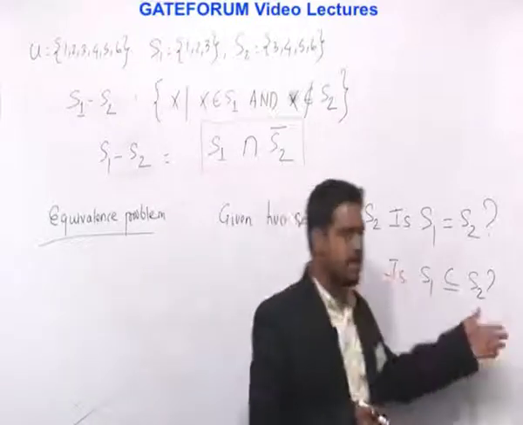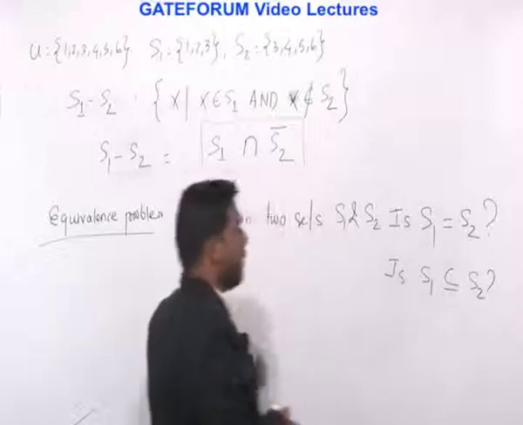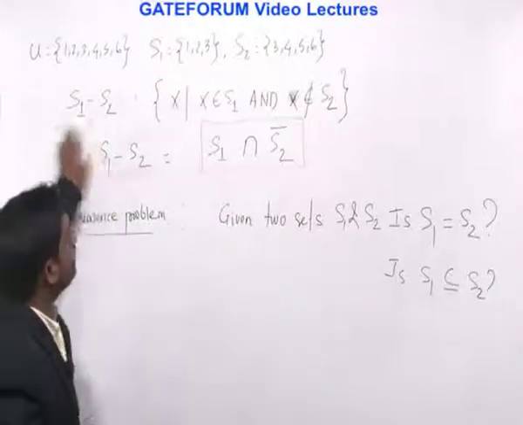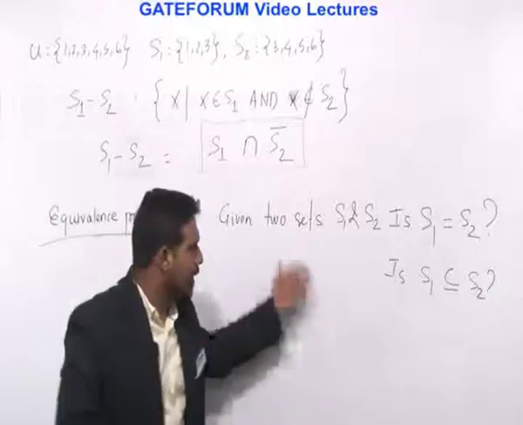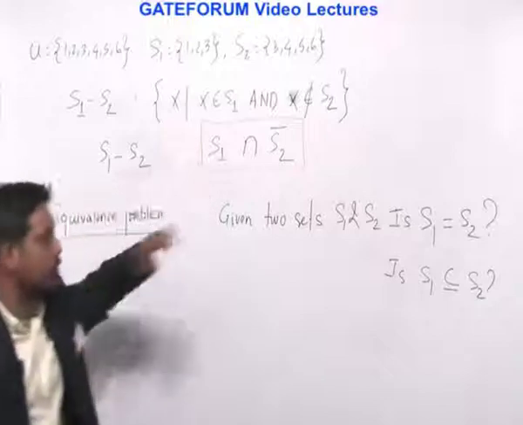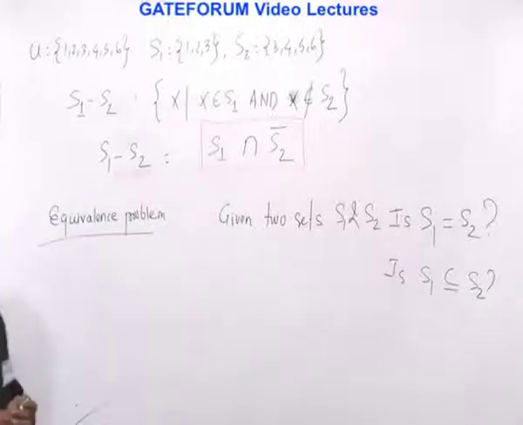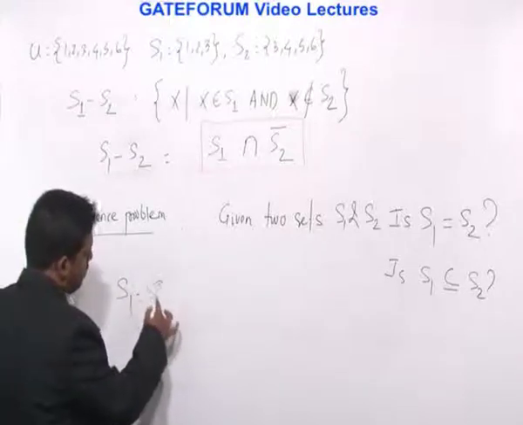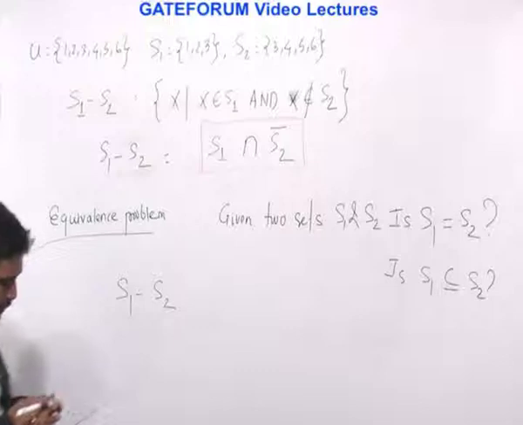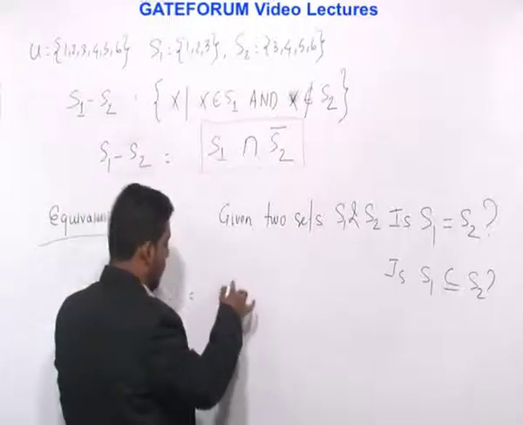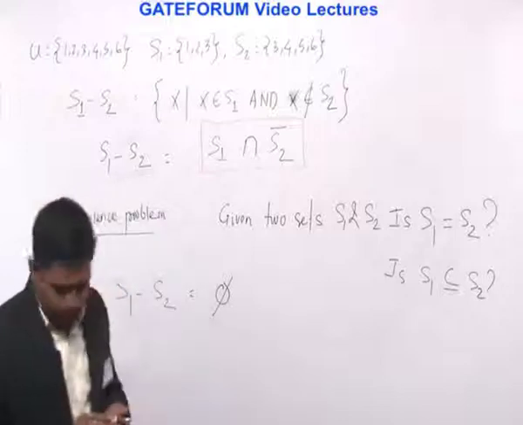If S1 is a subset of S2, meaning every element of S1 is present in S2, understand the context of why I'm asking this question, because it is related to this. Now I'm only answering the first part. If S1 is a subset of S2, then if you perform S1 minus S2, it will result in phi.